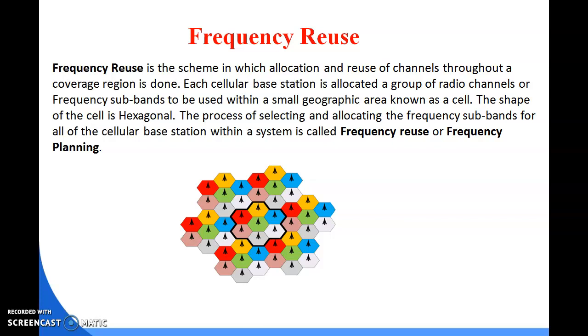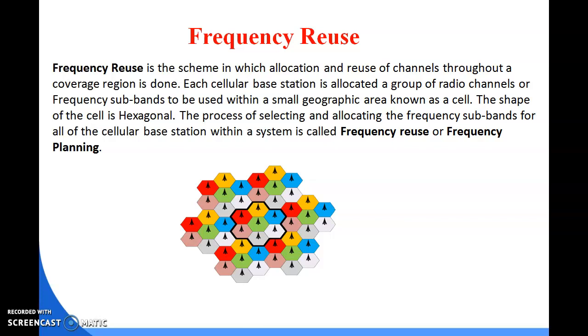The shape of the cell is hexagonal, and the process of selecting and allocating the frequency subbands for all of the cellular base stations within a system is called frequency reuse or frequency planning. Discussed in the last videos.